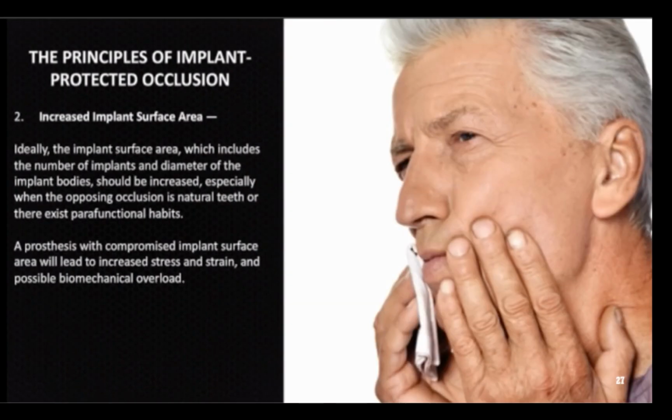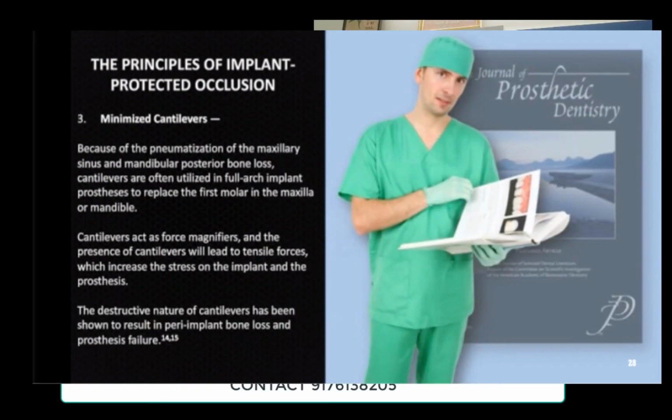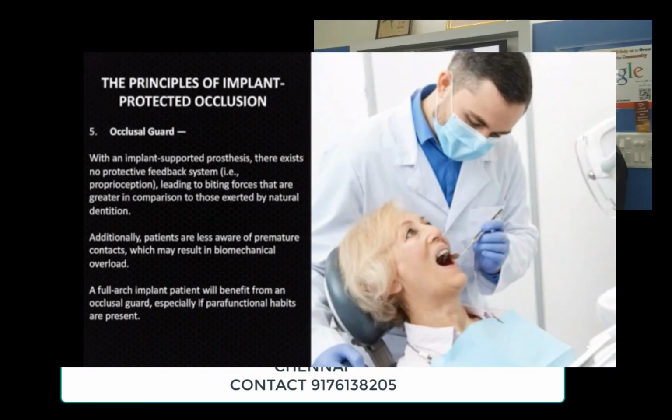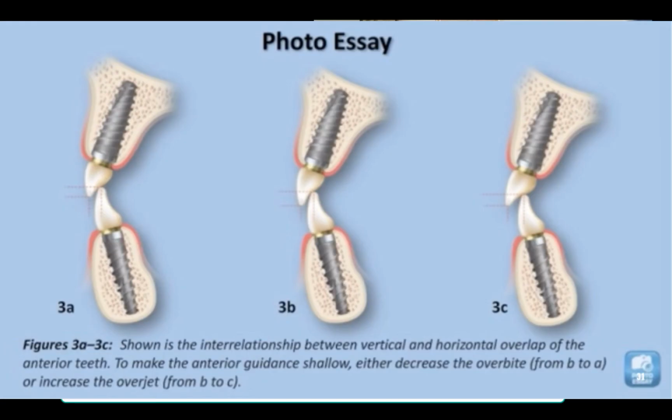The second is the surface area of the implant should be increased if you have adverse jaw movements. The third is minimized cantilevers. The fourth is shallow anterior guidance. The fifth is an occlusal guard has to be given. These are the five points for IPO, which is called implant protective occlusion.